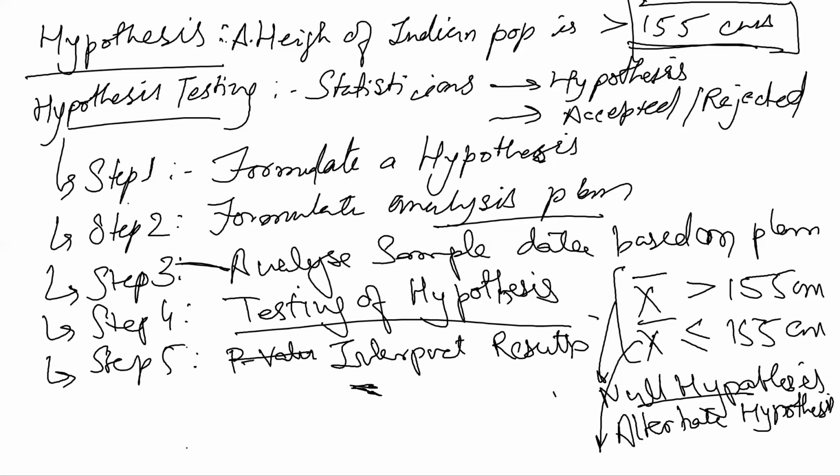Now let's take one example. Assume that there are 4 people, A, B, C, D, right? Suppose these are 4 students of the class, and they have to clean the class every day.